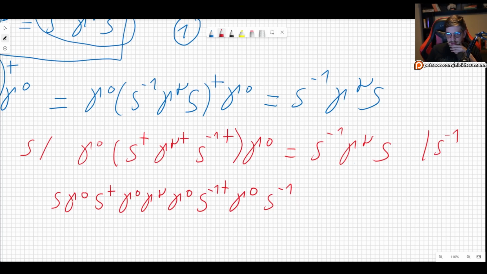And then to the right, we have gamma mu.